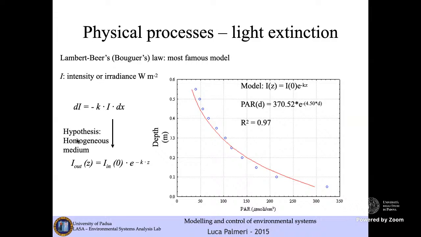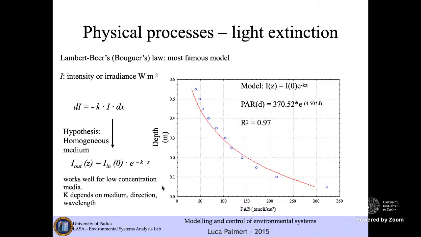So in the hypothesis of a homogeneous medium, we may of course find a solution of this first order differential equation, and the solution is the classical decreasing exponential function. Of course, the model works well for low concentration media, meaning water bodies with not too high suspended solid or particle densities.